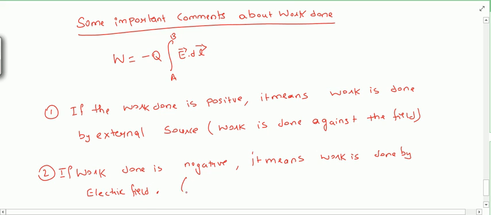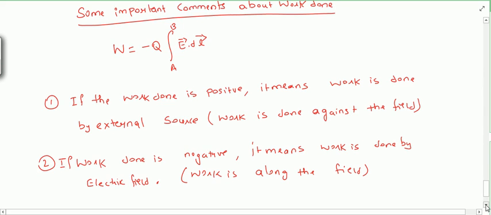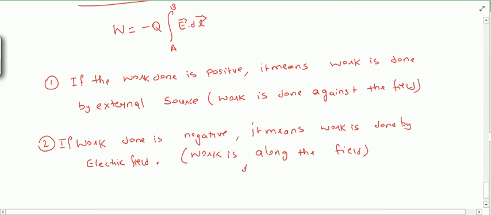So here the work is along the field, or work is done by the field.